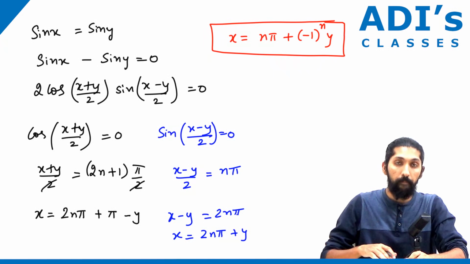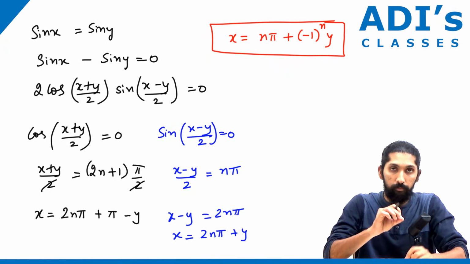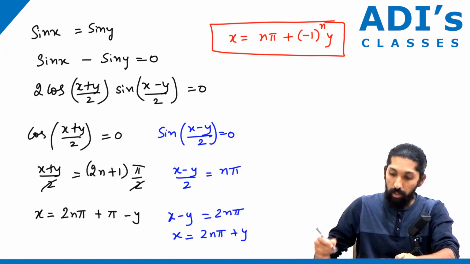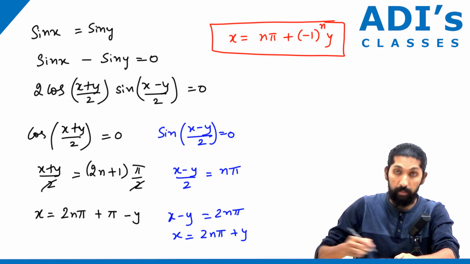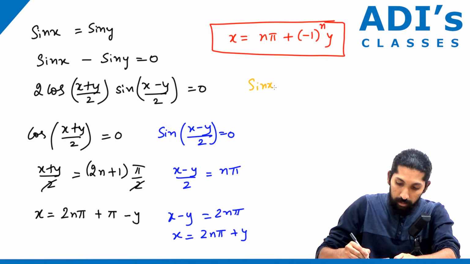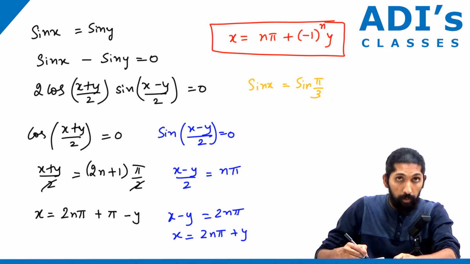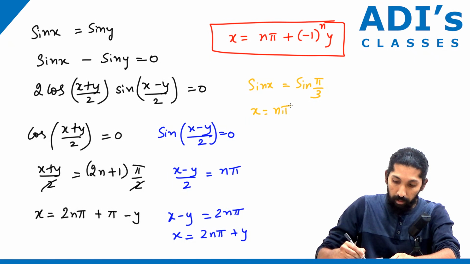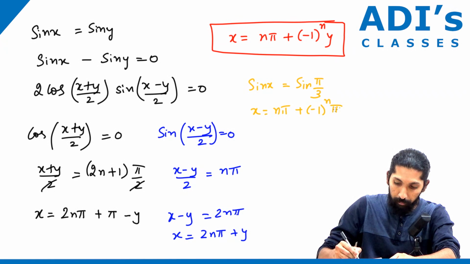Suppose I want to give you an example of this. Suppose you have sin of x is equal to sin of pi by 3. Now what are the values of x if I ask you? x is equal to n pi plus minus 1 to the power of n into pi by 3.